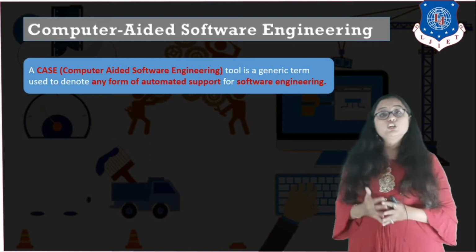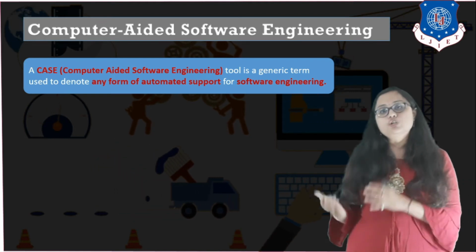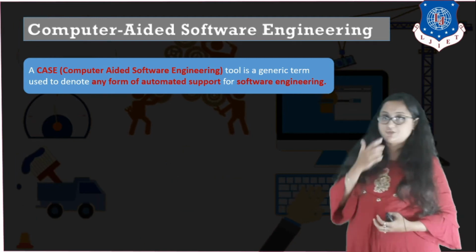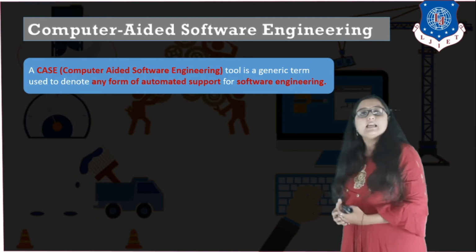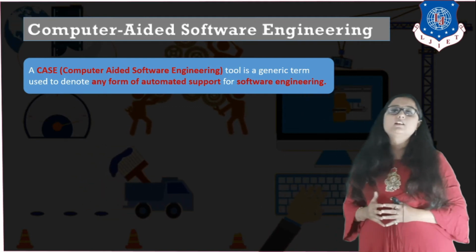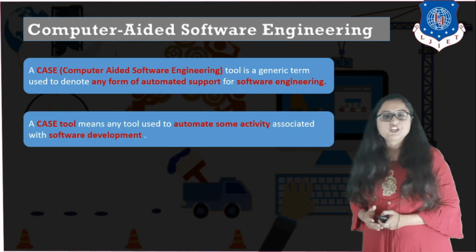Now if you want to perform these tasks automatically, it means if you want to eliminate manual intervention and you want the task to be performed by some tool, then there are a number of tools available in the market, and those tools are known as computer aided software engineering tools, right?